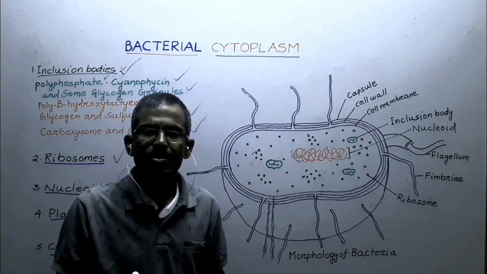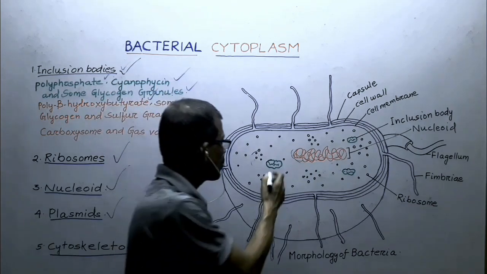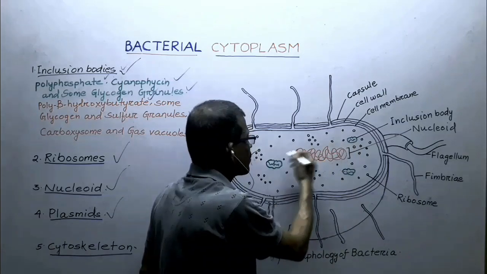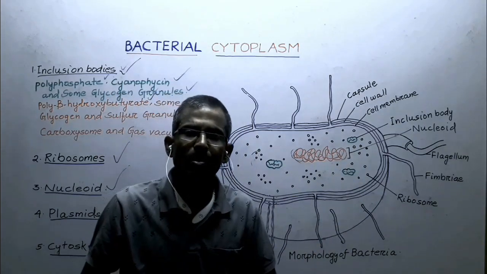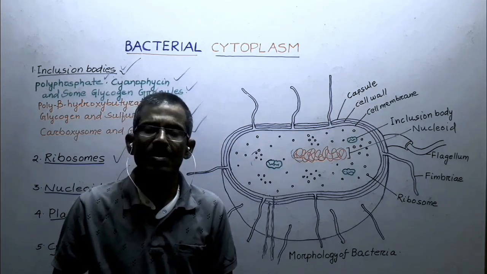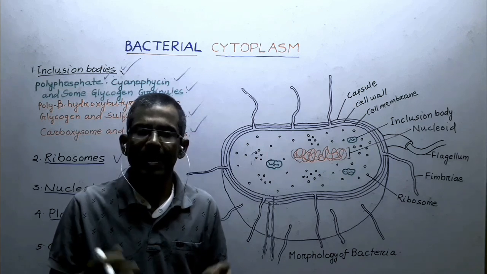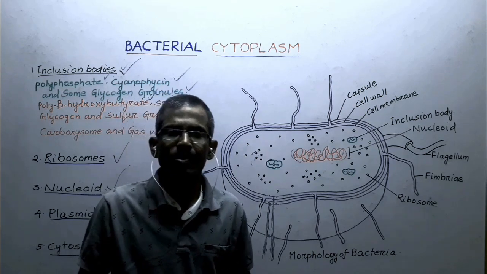Bacterial ribosomes are of 70S type. The cytoplasm also contains different types of storage granules, which are known as inclusion bodies. In addition to this, the bacterial cytoplasm also contains different enzymes, inorganic and organic nutrients.